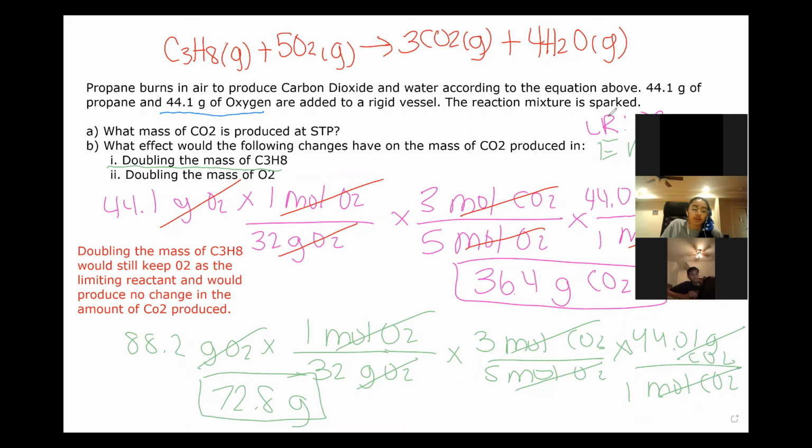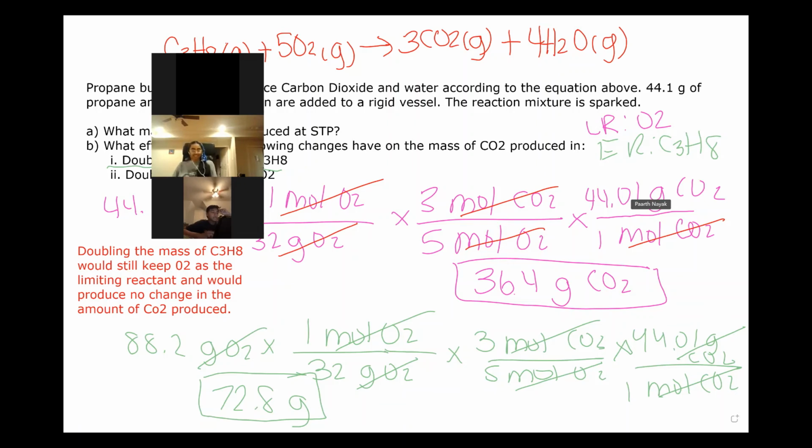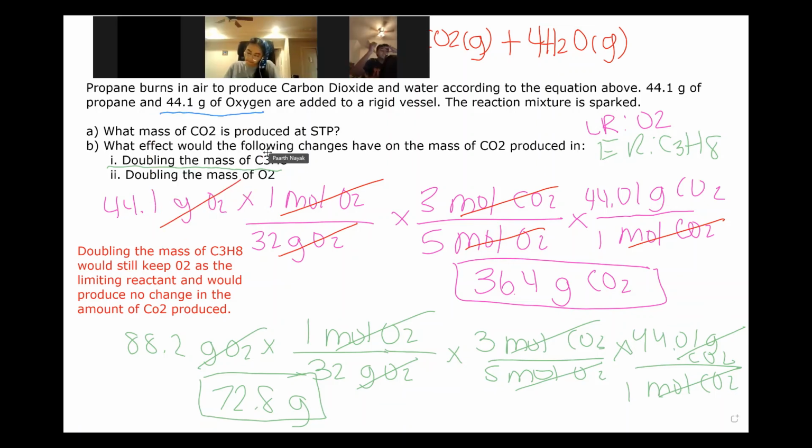So if I were to prove that doubling the mass of C3H8 would not change anything, would I just... Yeah, if you double the mass of, let's say you do 88.2 of O2, and then double the mass of C3H8 propane and try to find the amount of CO2 created, you'd still get the same amount, because if you double the excess reactant, there's so much that it has no impact. Okay, so hopefully that made sense.